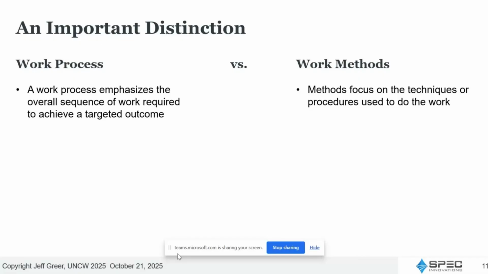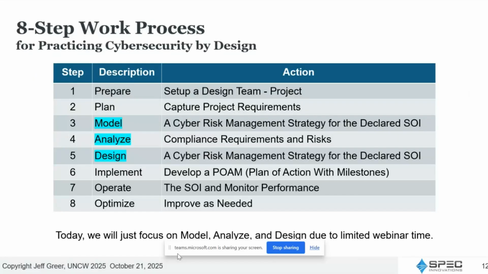You need both. So here's a simple 8-step work process for practicing cybersecurity by design. It's modeled off of Cisco's network design process, but you need to prepare, set up a design team for the project. You need to plan, capture your project requirements, make sure your use case is clear, and then ultimately, when you start driving for the required outputs for the project: model, analyze, and design.